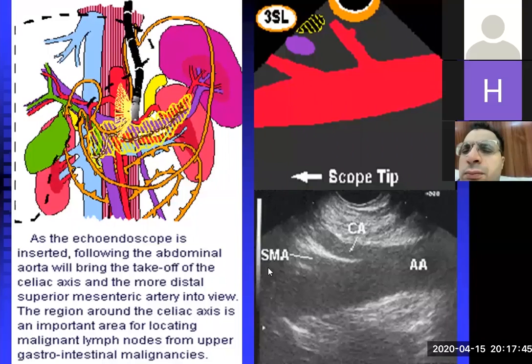And the other branch, going to the left side of the screen, is the gastroduodenal artery going to the pancreatic head. And I can see also the superior mesenteric vein.